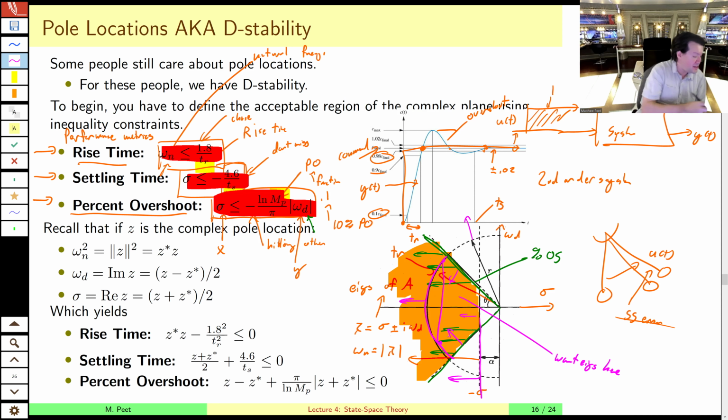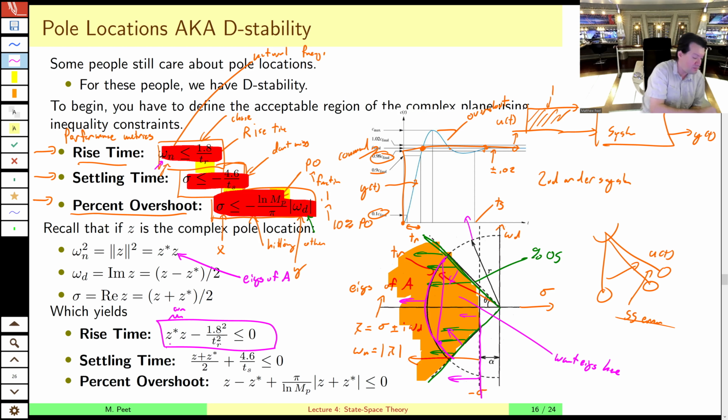So basically, if z is the eigenvalues of A, we have constraints on those eigenvalues. For rise time, we plug in our value of omega n, and we get an inequality constraint on the eigenvalues that looks like this.